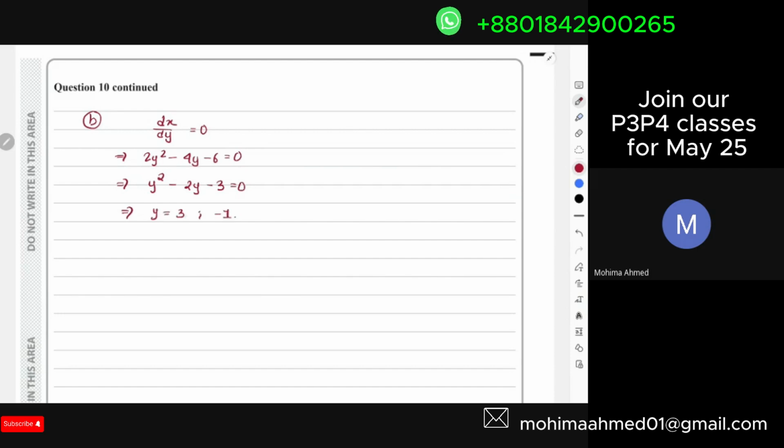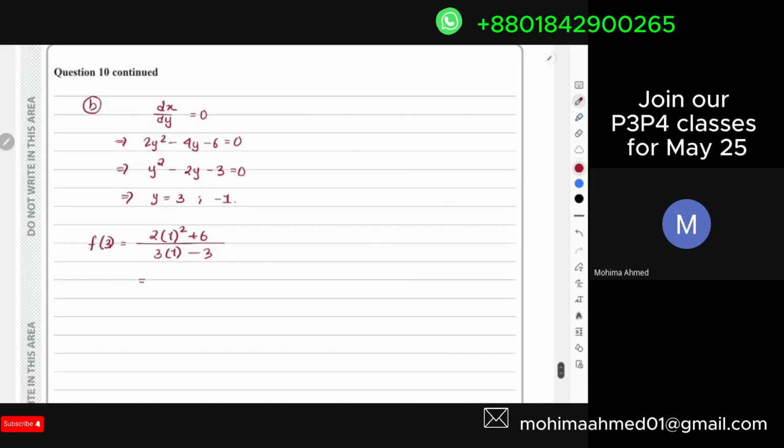If y is 3 and minus 1, then I have to calculate x for y equals minus 1, which is going to be 2y square plus 6 divided by 3y minus 3. That's going to be 2 plus 6 is 8, and then minus 3 minus 3... there's a mistake.